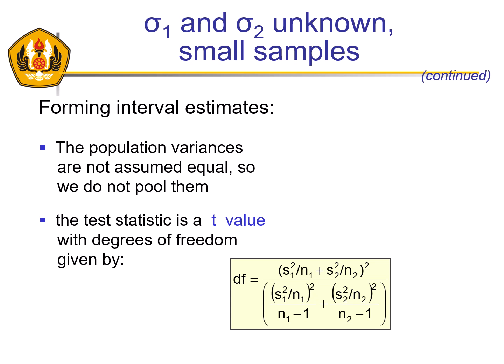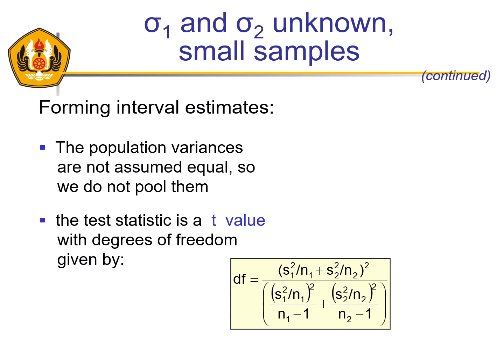If sigma 1 and sigma 2 are unknown and the samples are small, then to form the interval estimate the population variances are not assumed equal, so we do not pool them, because we cannot do pooling when the variances are different. The test statistic is a t-value with degrees of freedom given by the following formula.